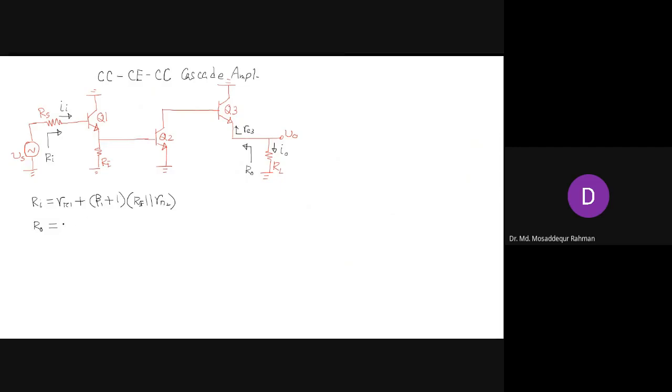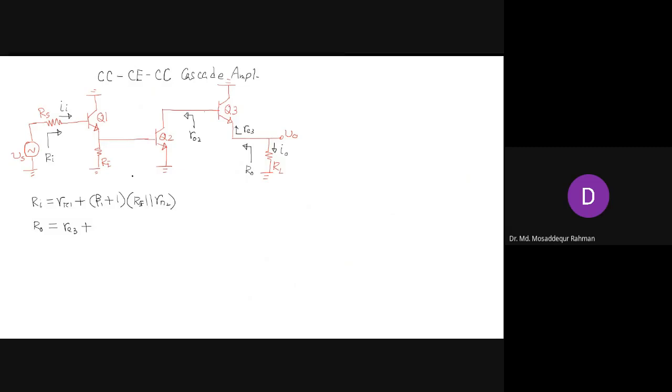So that will have re3, plus, that is connected to the base, and the base is connected to the emitter of Q2. And if you look into the collector of Q2, you see resistance of r02. So now re3 plus r naught 2 by beta plus 1.